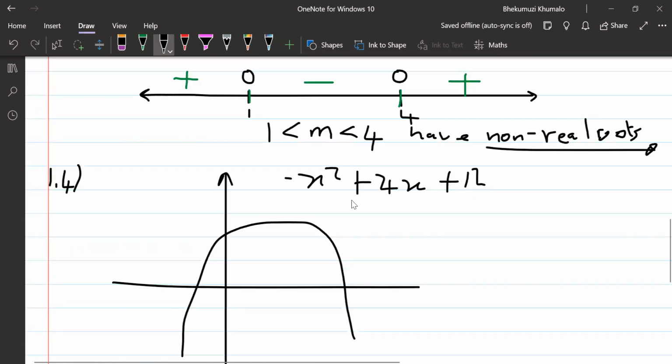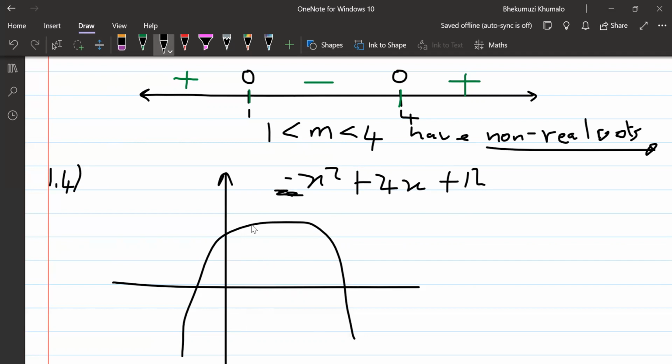So it's -x squared plus 4x plus 12. We would expect that it's something looking down because a is a negative number. According to functions, a would give us either a smiley face or a frown, right? So in this case, it's a frown, it's looking down.